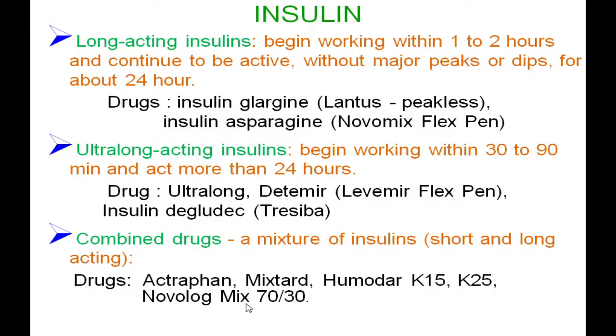I told you 4 to 5 gram needs 1 unit. So if 100 gram per 24 hours, it means daily dose of insulin is 20 to 25 units. Approximately 20 to 25 units.